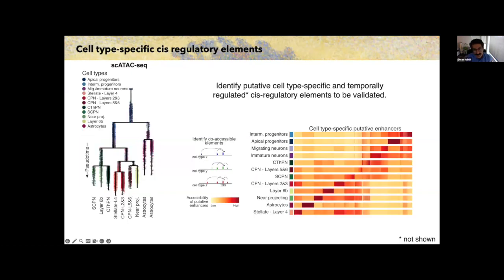Another interesting aspect is that you can uncover the dynamic changes of regulatory interactions during the course of corticogenesis. Therefore, we generated a map of all predicted cell type and state specific cis-regulatory interactions by calculating co-accessible sites with the Cicero algorithm developed by the Cole Trapnell lab.